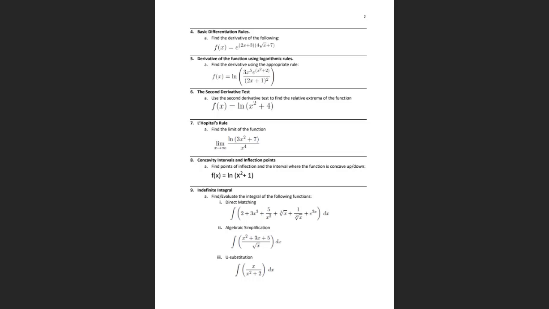Meanwhile, Tarun, you can move on to 6 and 7. Tarun, if you finish the questions, feel free to keep working on the other ones.